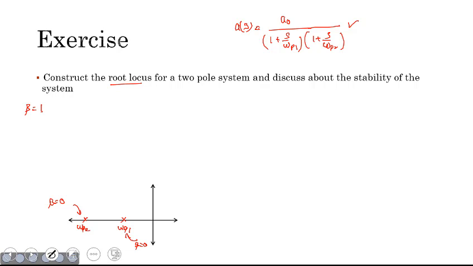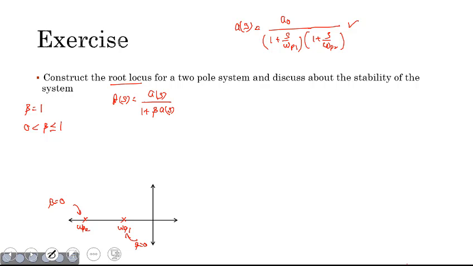So beta will generally have a value that ranges from 0 to a maximum value of 1 here, right? With that in mind, let us try to increase the value of this factor beta. Now what happens in that case? To talk further, I also need to write A of s, our closed loop transfer function, which could be written in terms of beta times A of s.